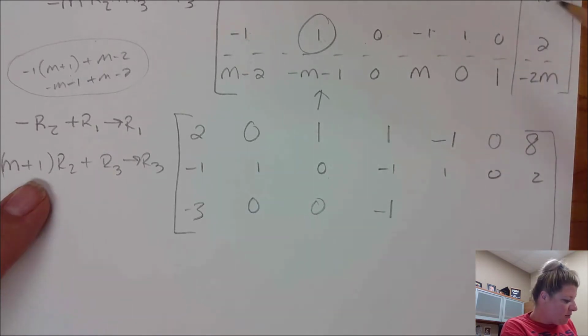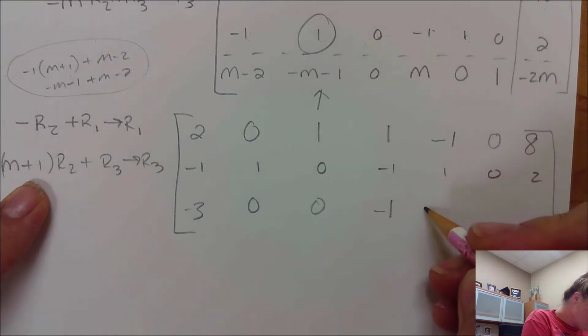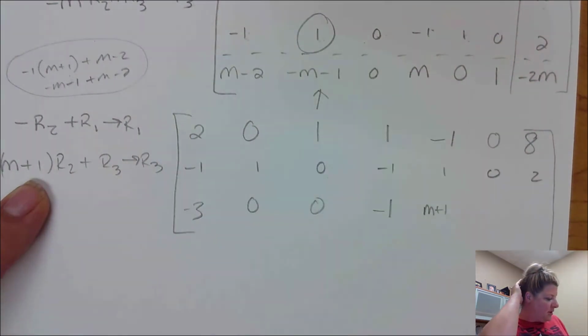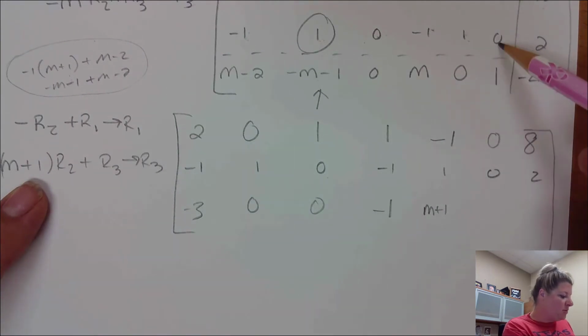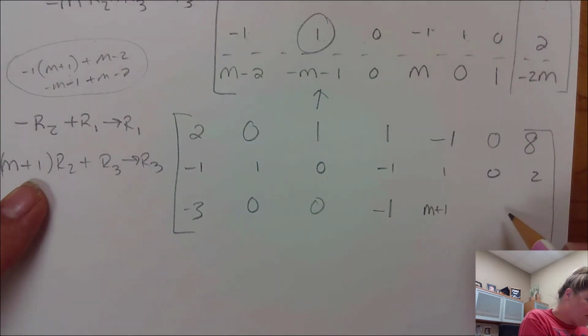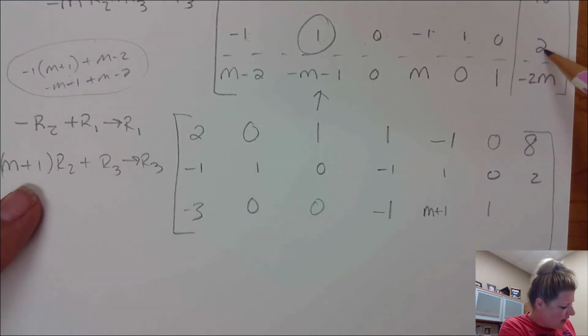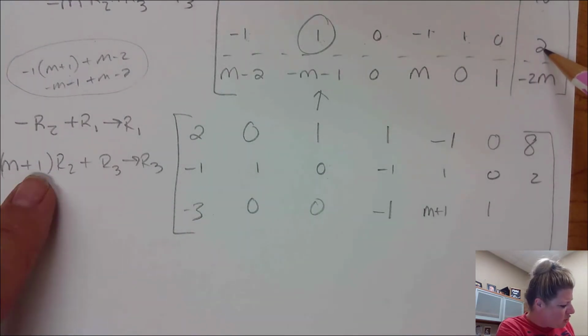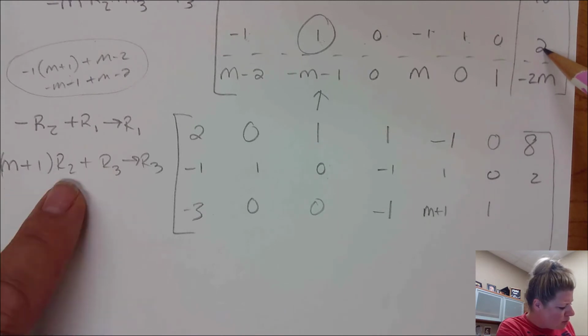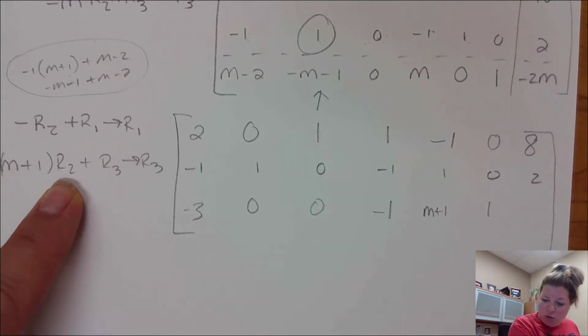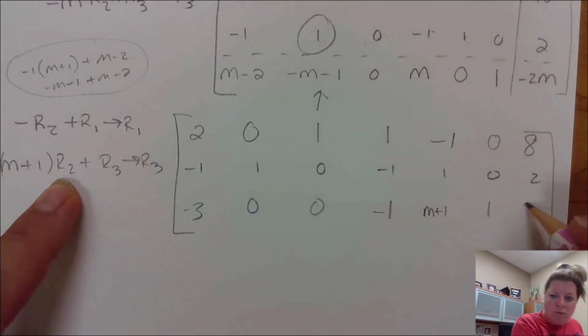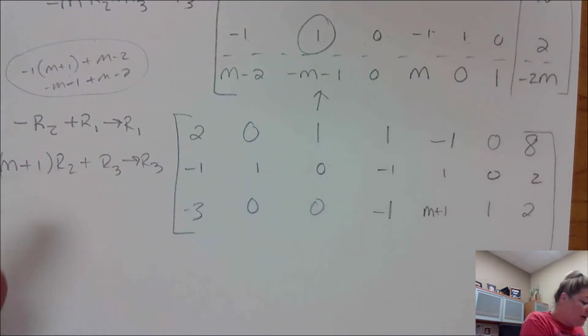Okay, M plus 1 times 1 is itself plus 0, so now I have an M plus 1 here. 0 times M plus 1 is 0, plus 1 is 1. And then 2 times M plus 1 is 2M plus 2, so it just becomes a 2. Totally weird, I know.